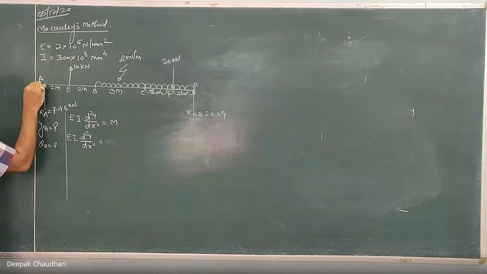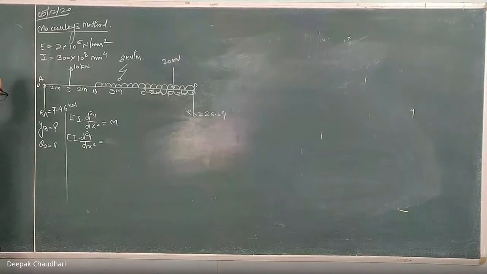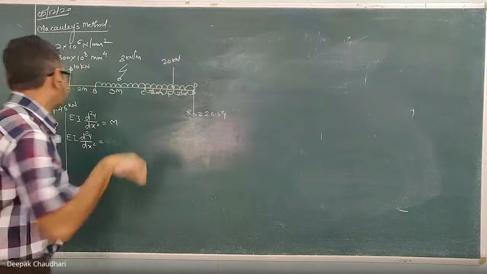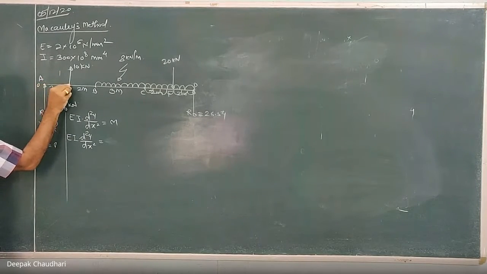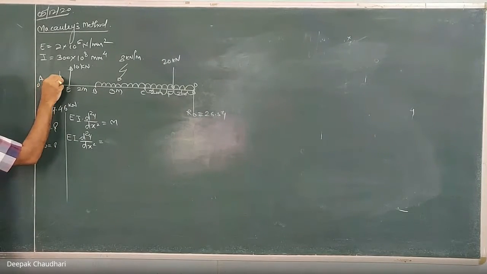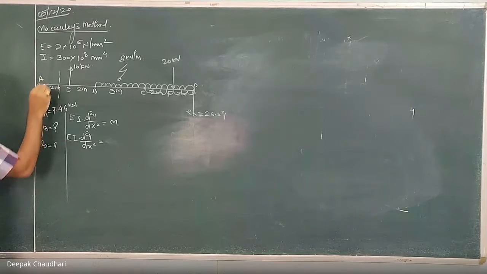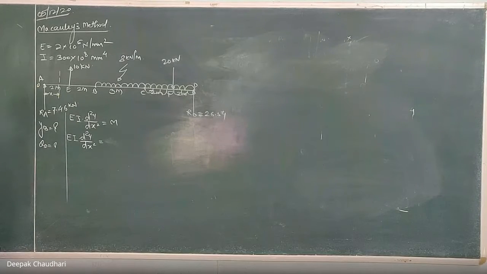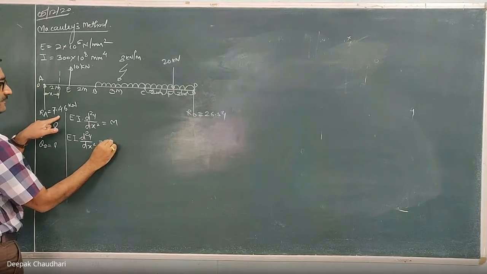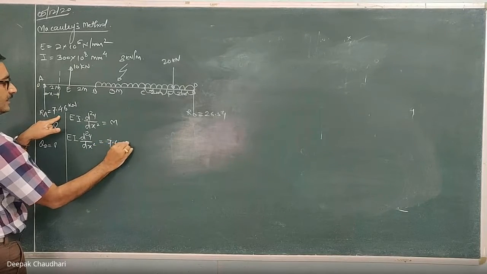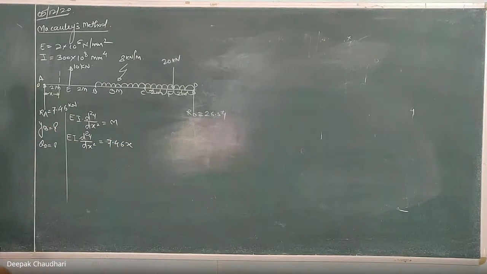Let A be the origin O. Let's take all the distances from origin O. Now for A to E, one equation is valid. So let's take the section between A and E at a distance of x from A. The equation of the bending moment here is 7.46 into x.